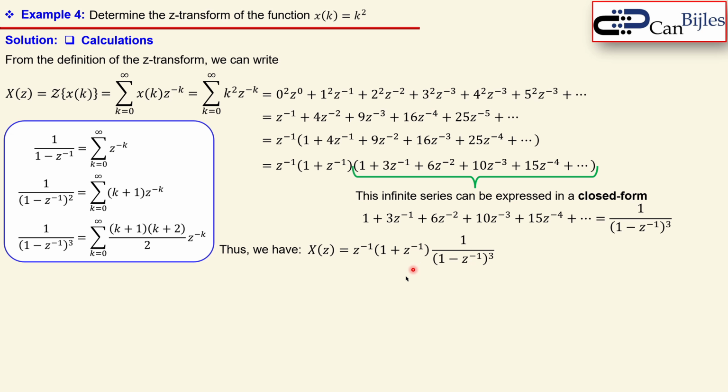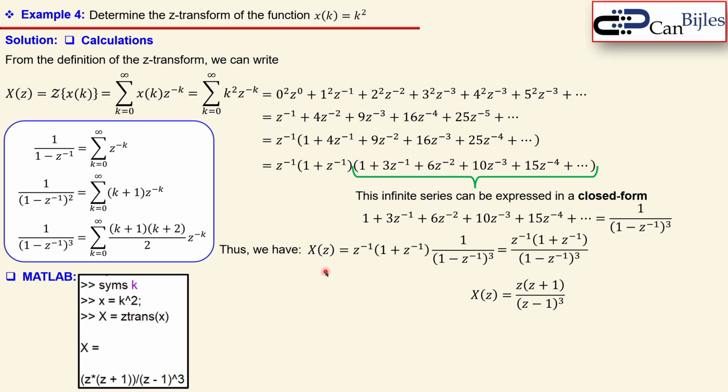Now we have this term, so we can put it here in the numerator. And again, if you don't like the negative exponents, we can multiply the numerator and denominator by z to the power 3, in order to make this z minus 1. So z squared comes here, and then z comes in this expression. Now this is the z-transform of this function.